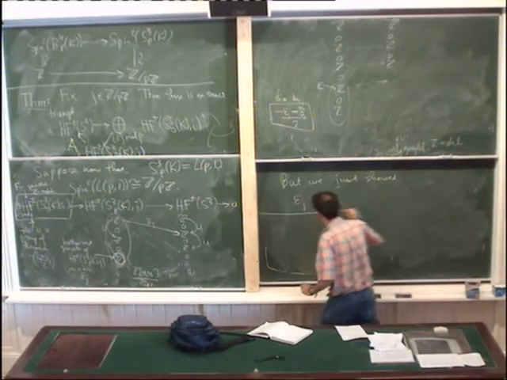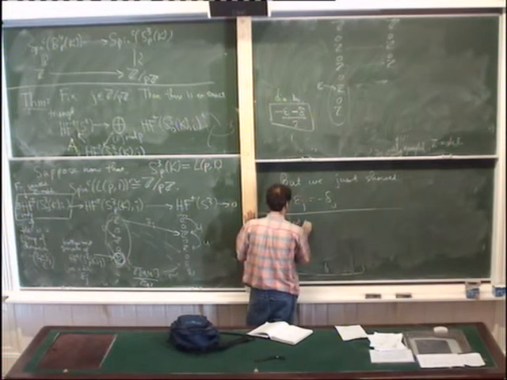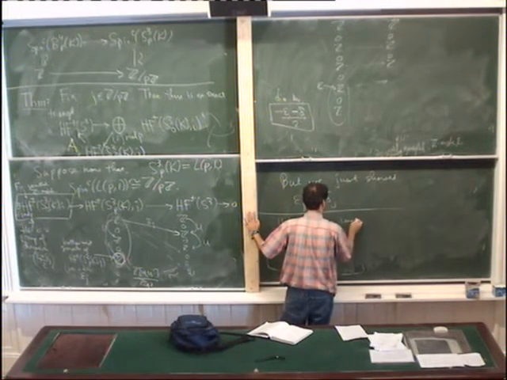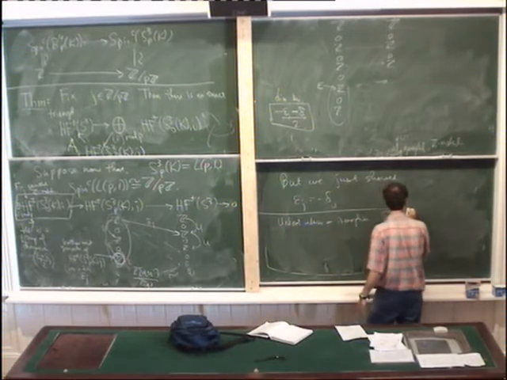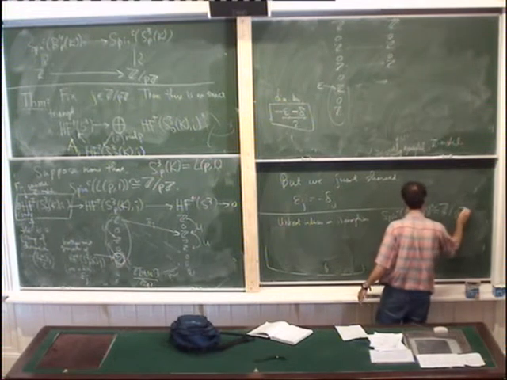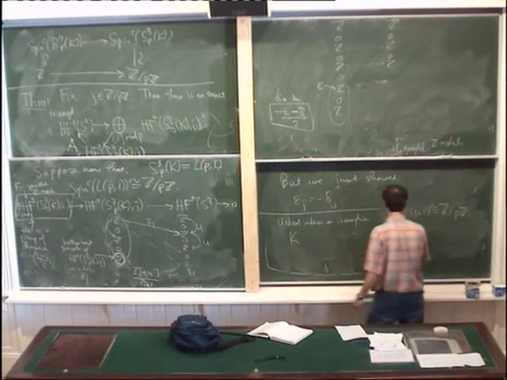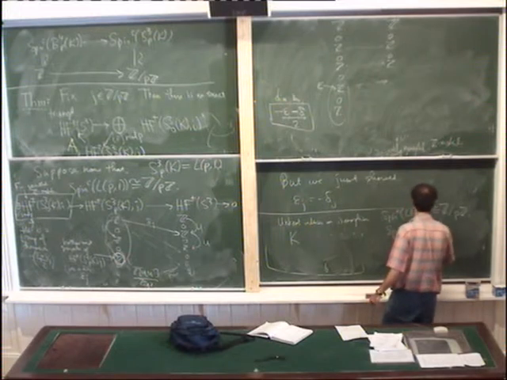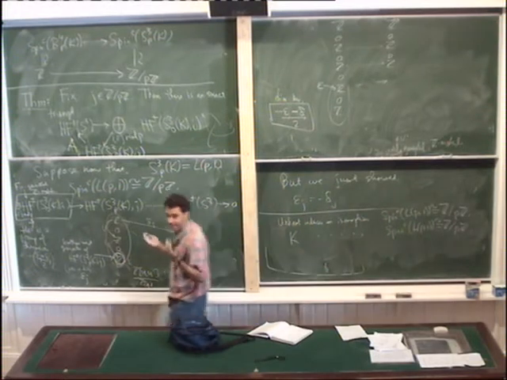The point is that the unknot induces an isomorphism between spin C structures on LP1 and Z mod P, and also K induces an isomorphism between spin C structures on LP1 and Z mod P. And we ask ourselves, how do we know those are the same?